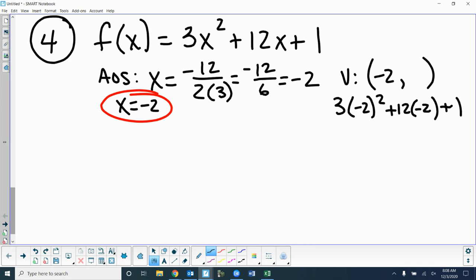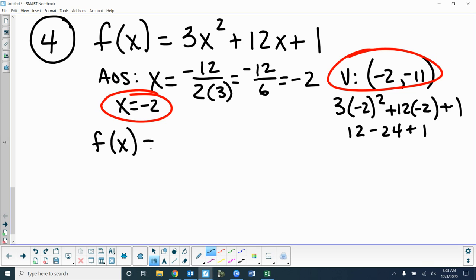If you put it in your calculator like that, you'll get the right answer. You're supposed to do negative 2 squared, which is 4, times 3 to get 12. 12 times negative 2 is negative 24, plus 1. So 12 minus 24 is negative 12, plus 1 is negative 11. There's the second thing. Vertex form then is, what's my a value?